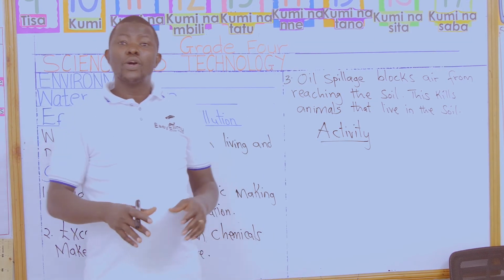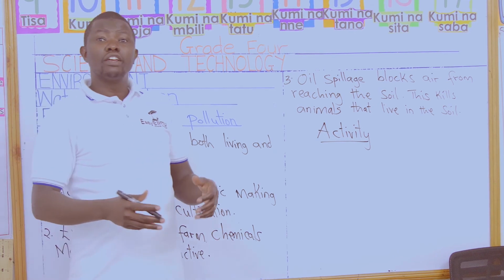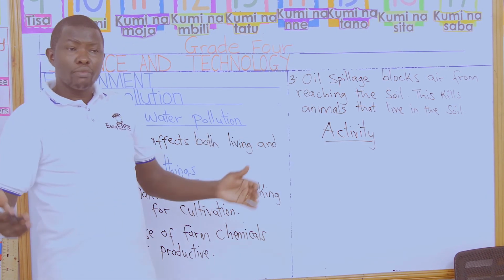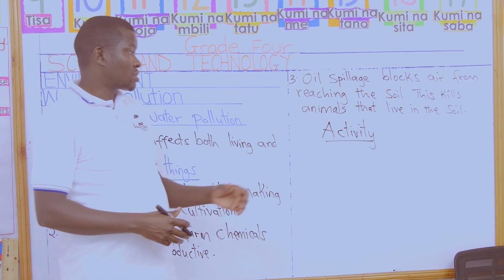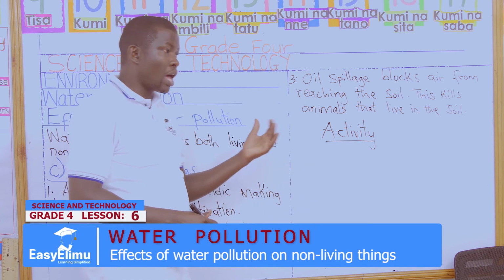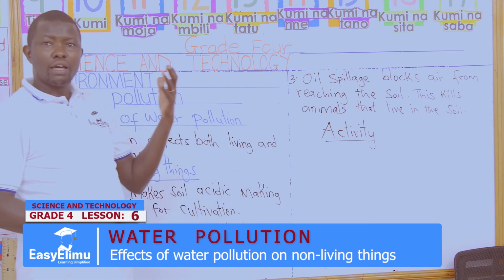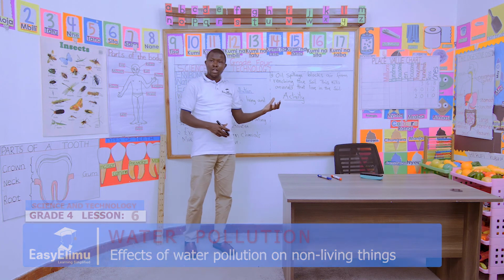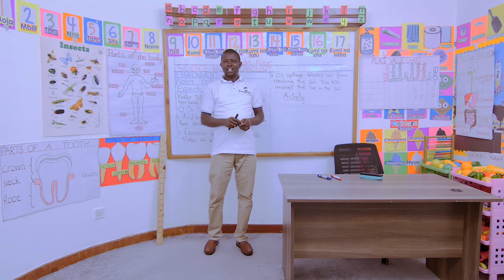When you go home, what effects can you see as a result of water pollution in the environment near our homes? Make sure you take photos. There could be some of these we have learned about, either from plants, soil, or animals. Take photos of them. And this marks the end of our lesson for today.